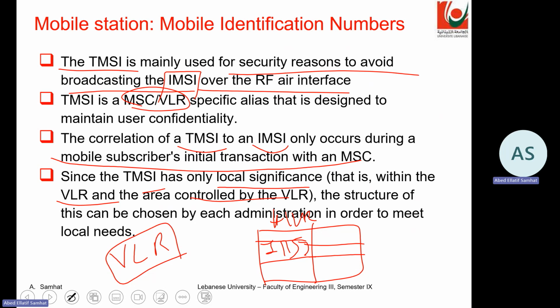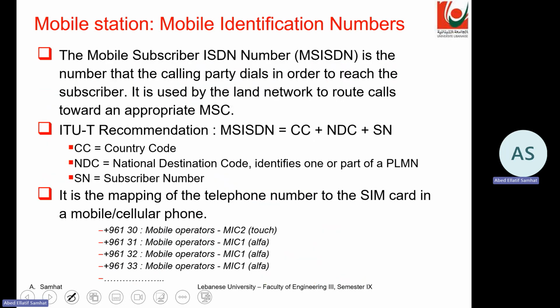At the VLR, we know the temporary mobile subscriber identity and we know the exact position, but we don't know the real identity, the international mobile subscriber identity. That's why it's possible to achieve privacy preserving in this case.